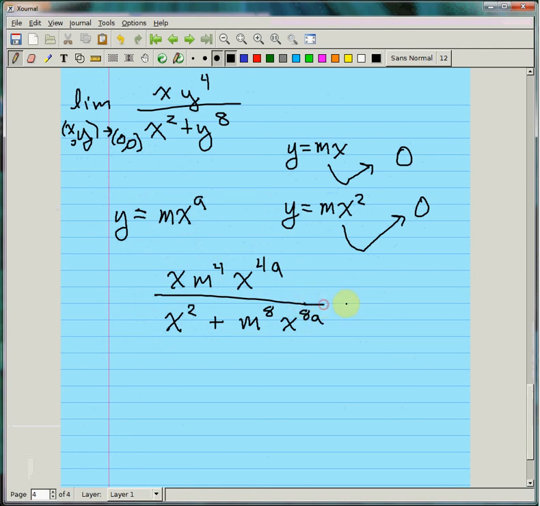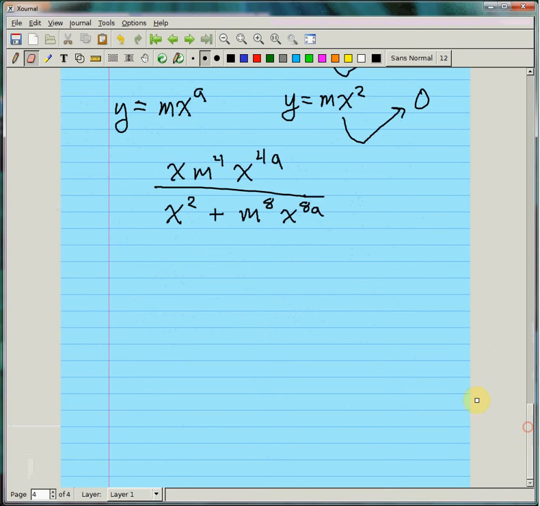To make things a little bit more clear, let me combine these two x's in the numerator. So on top we get m to the 4th times x to the 4a plus 1, and on the bottom we get x squared plus m to the 8th power times x to the 8a.